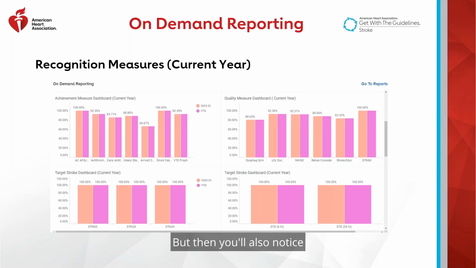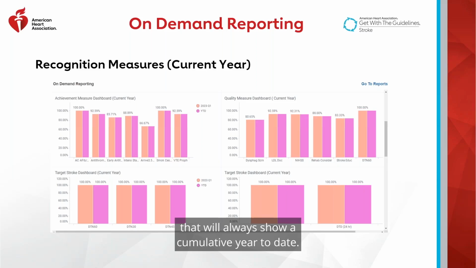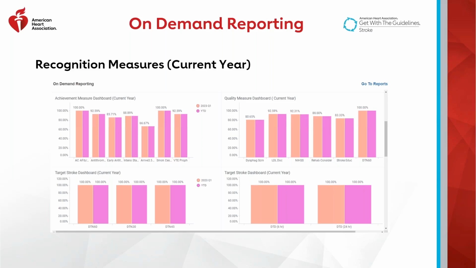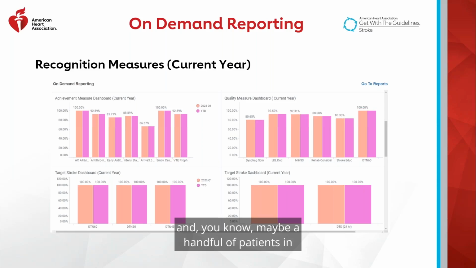But then you'll also notice there's that pinkish purple graph that will always show a cumulative year to date. So this may not be super helpful here in Q1 because obviously these two graphs are going to be the same, knowing that we only have 1 quarter, maybe a handful of patients in for the new year.